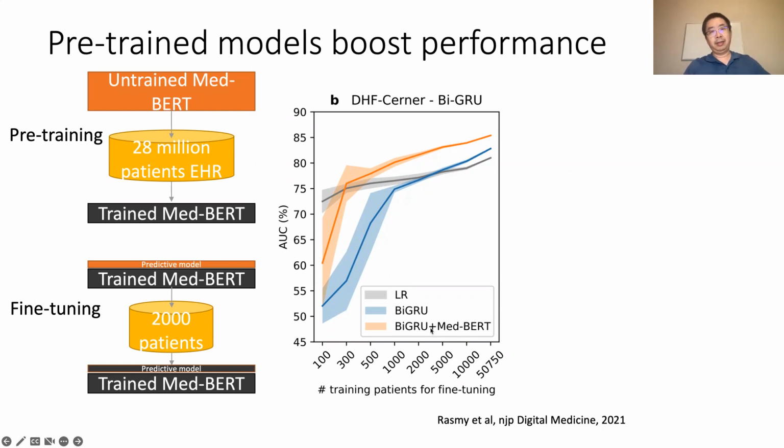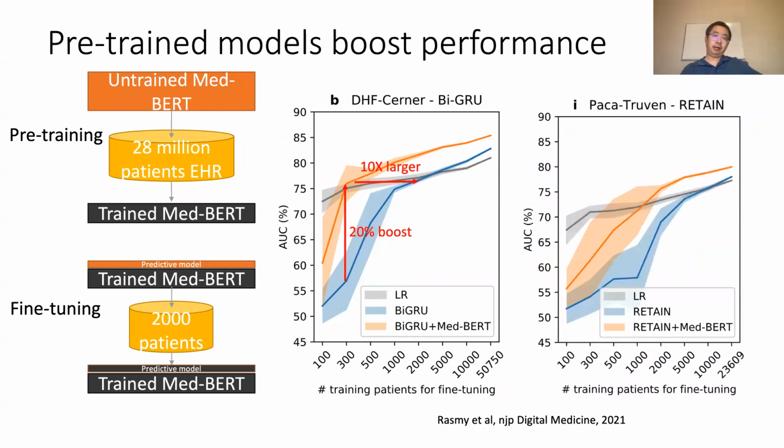We show that augmenting the bi-GRU with Med-BERT is equivalent to, for some sample sizes, a boost of 20% of AUC, area under the ROC curve. That's a prediction benchmark. Or put in other words, equivalent to increasing the sample size by about 10-fold.